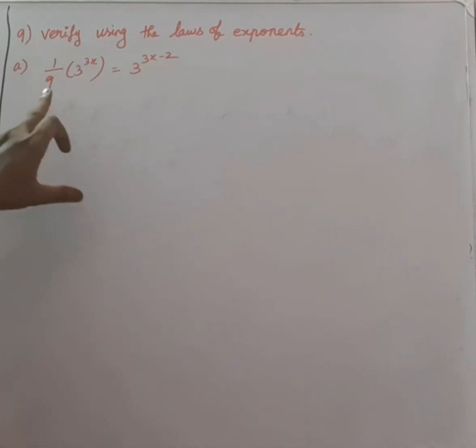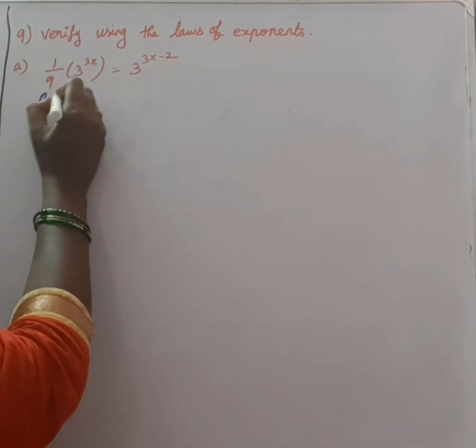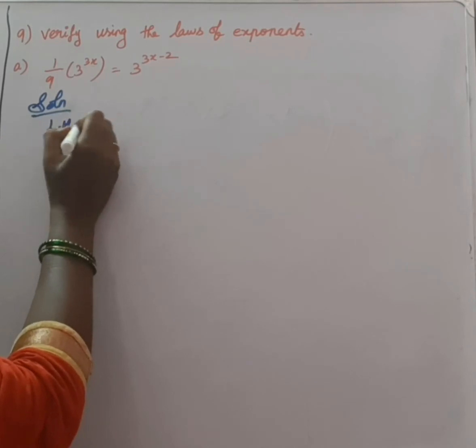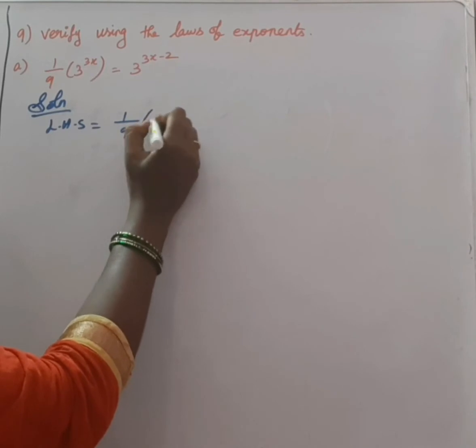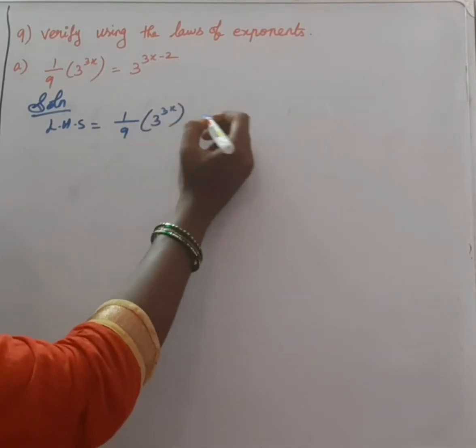We want to prove that the LHS and RHS are equal. So let us take the LHS. In the LHS, what do we have? 1 by 9, 3 power 3x.